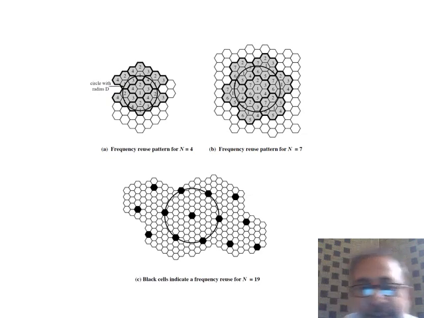Now let's see what is the case for n equal to 7. If we have 7 different frequency sets, and the first set is given to the central cell as shown in the figure, you can see that the cells in direct neighborhood to the cell using the first frequency set do not contain a 1.